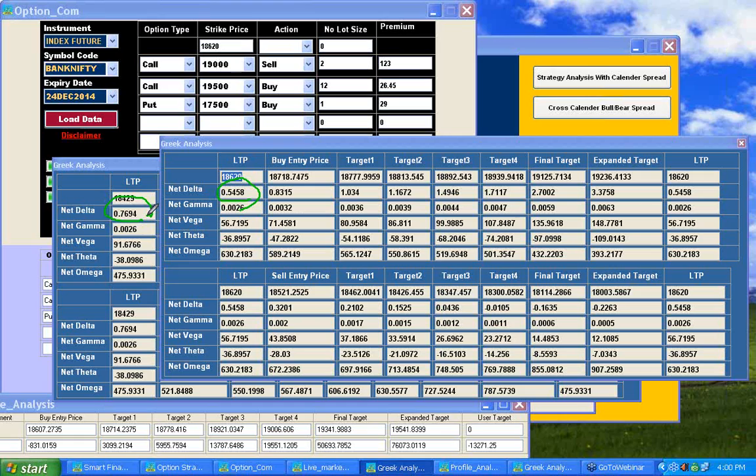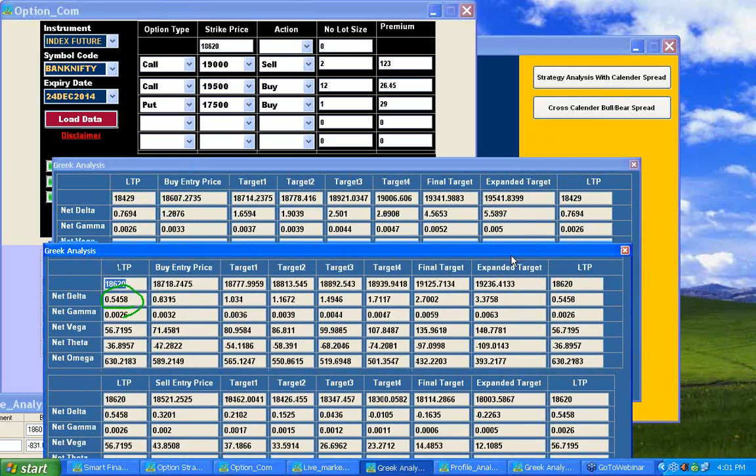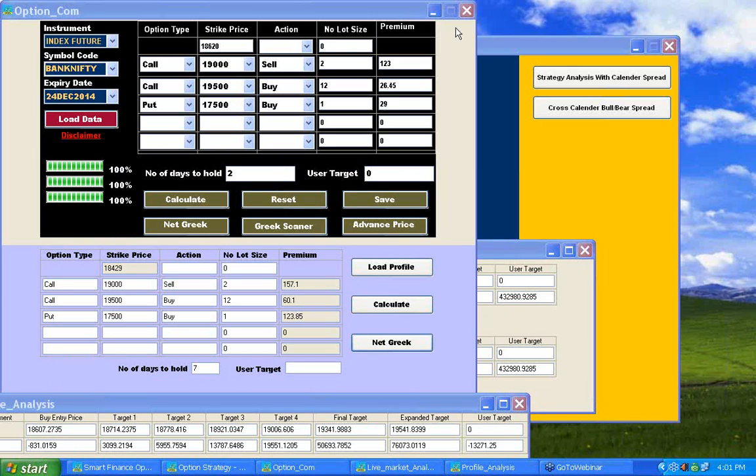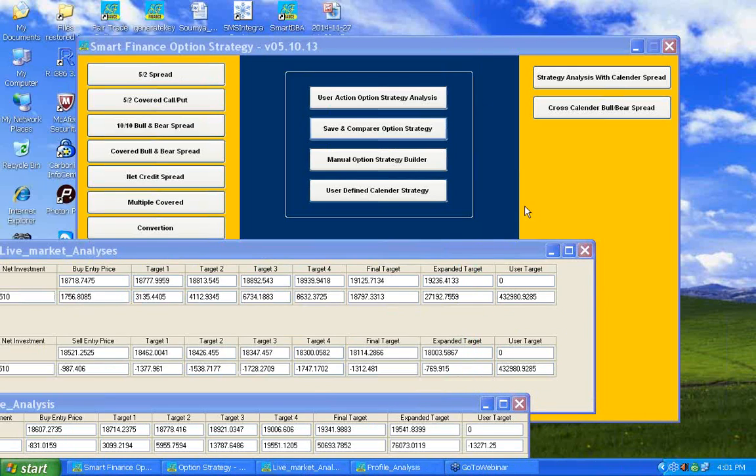So on an everyday basis you can check the strategy's delta in the last hour of your trade, and simultaneously you can balance that delta with the mismatch percentage. That is also an adjustment you can do using this particular strategy.